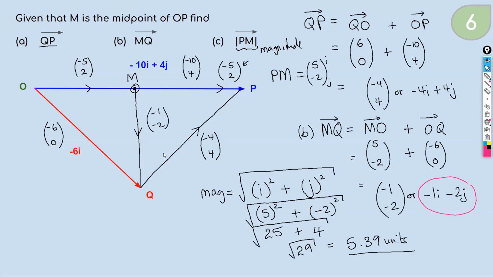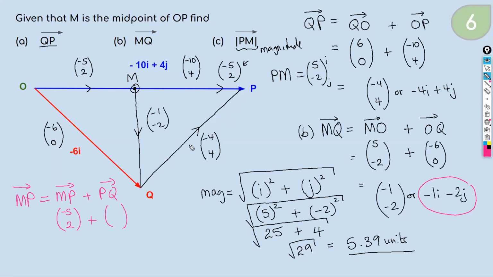So let's see if we will get the same answer. So if you decided to do part B, but you decided to go from M to P and then P to Q, M to P and then P to Q. M to P is with the arrow, so I keep the signs as it is, minus 5, 2, and then PQ.